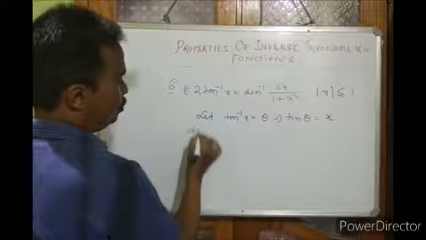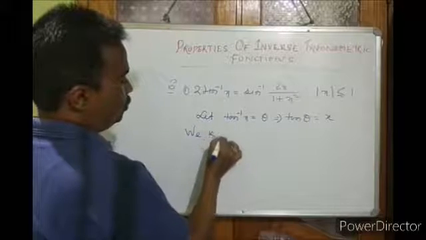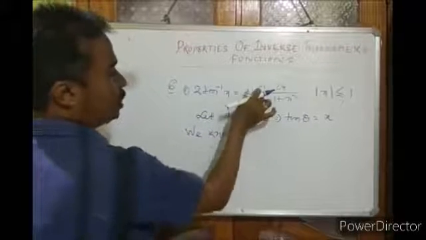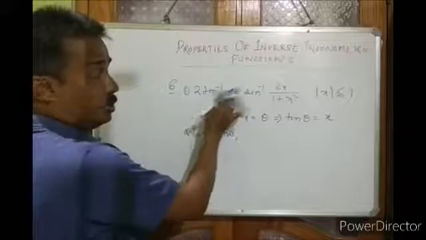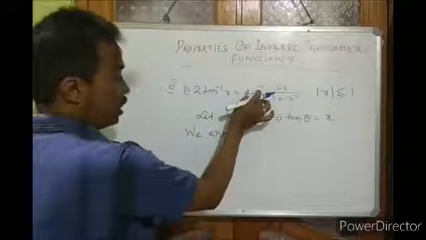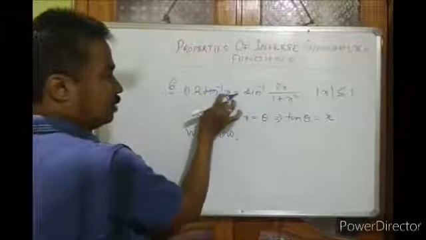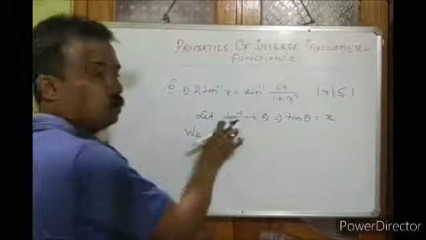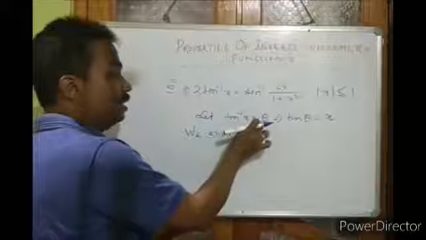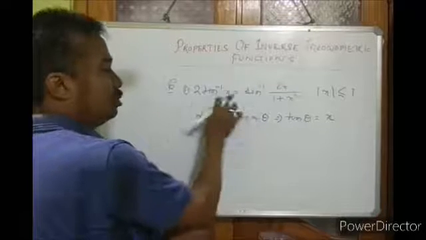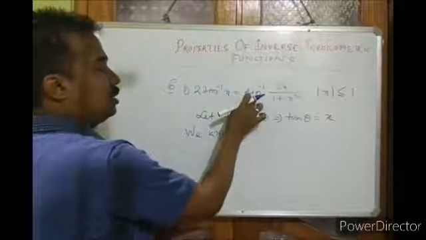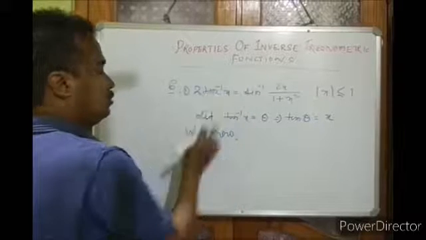Here tan inverse is expressed in terms of sine inverse. If we choose tan inverse x as theta, then it becomes 2 theta, and sine inverse is there. So we have to find sine 2 theta.